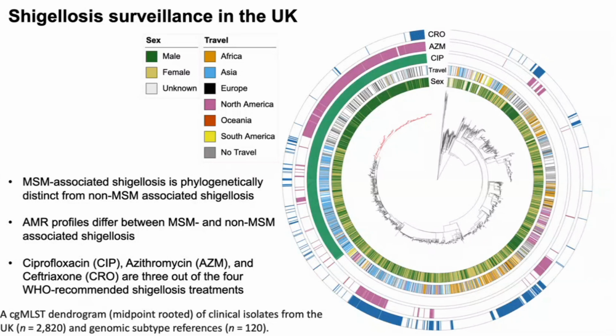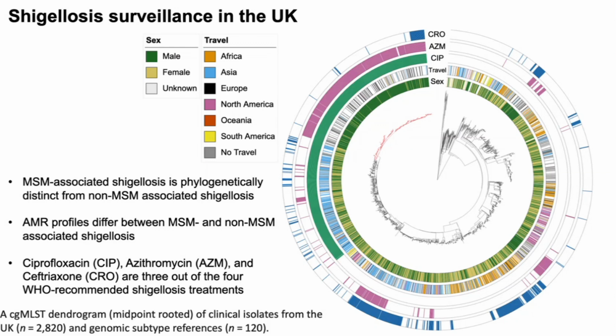And then azithromycin resistance, and then ceftriaxone resistance. And at the very end of the tree, in the male cluster isolates, you can see where there's ciprofloxacin, azithromycin, and ceftriaxone. The color represents the gene conferring that resistance being present.